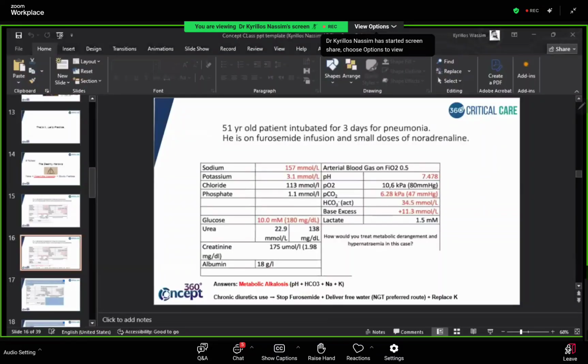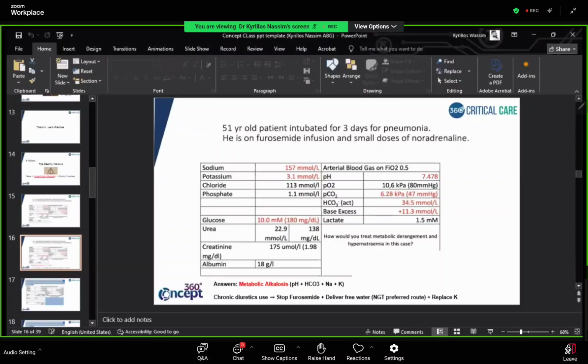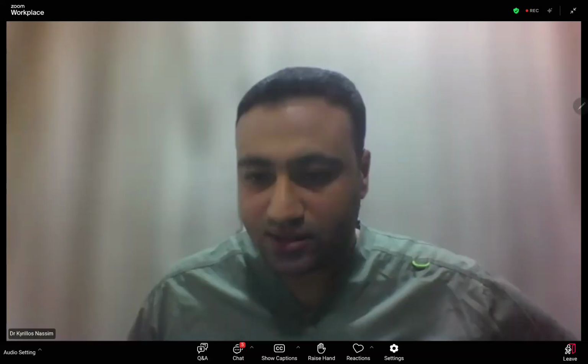Can you see my screen? Yeah, we can see now. Okay, that is good. No, it is again disconnected.